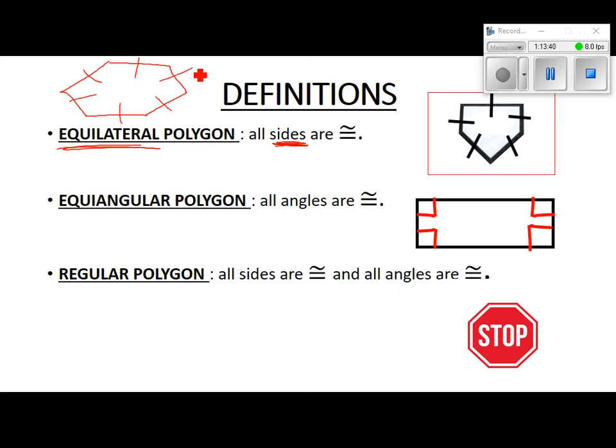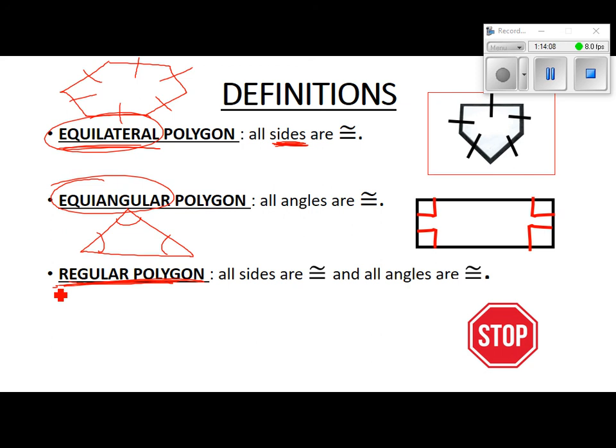If it's equiangular, then all the angles are congruent. Make sure you know equilateral sides are congruent, equiangular angles are congruent. If it's both, it's called a regular polygon, and that means all the sides and all the angles are congruent.